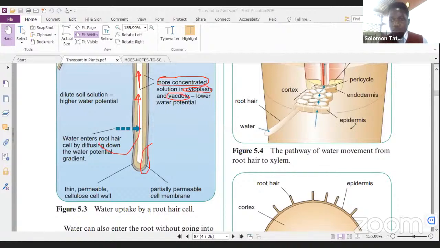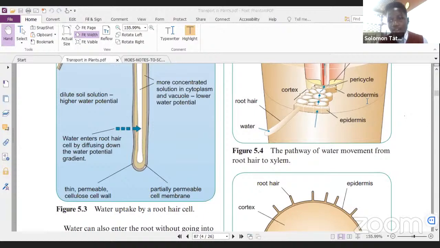We have a couple of pathways we can look at for how water gets its way into the xylem from the root hair. Let me see if I can highlight that a little bit.